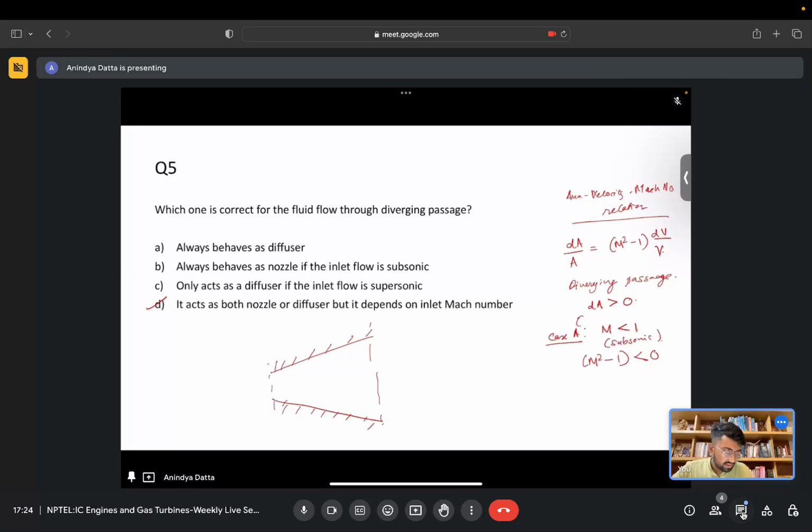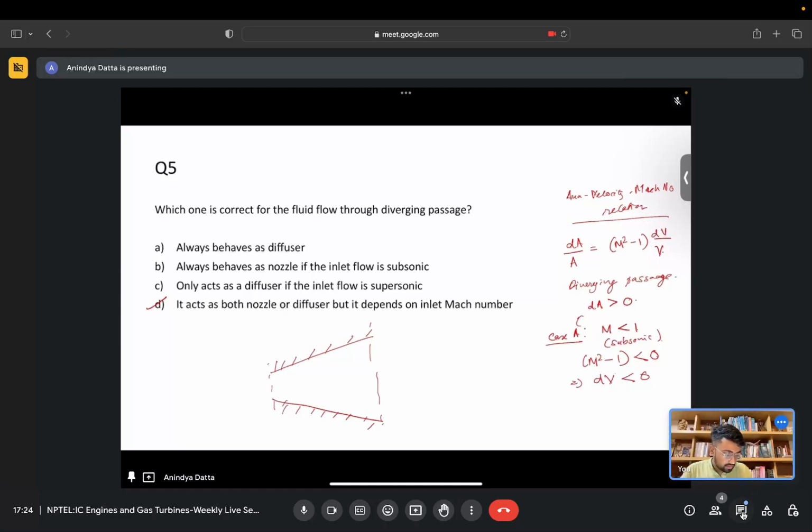Since the left hand side dA is positive, on the right hand side M square minus 1 is negative, which implies that dV also has to be negative, which means that velocity is decreasing.